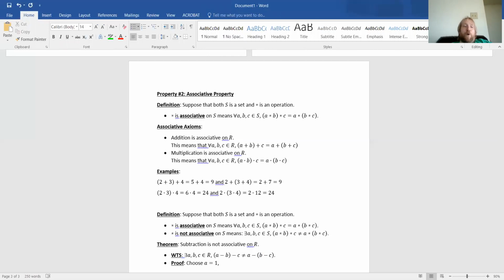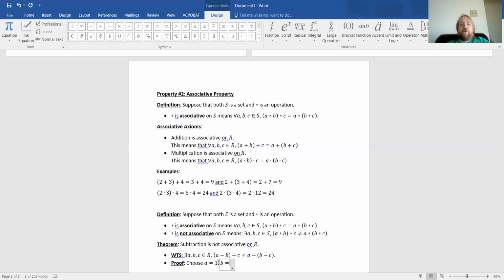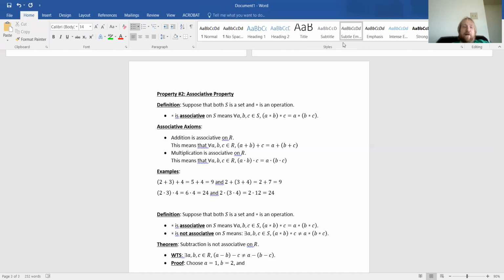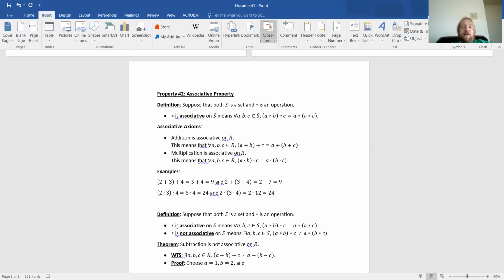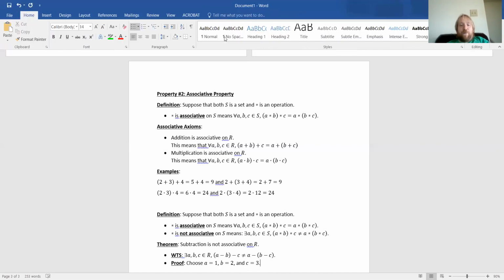Choose A equals 1, B equals 2, and C equals 3. Now, these are obviously in the set of reals. So, to show that these two things do not equal, we'll consider the following calculations.